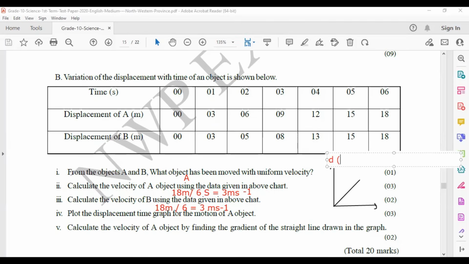This is the displacement axis and the unit should also be put, it is meters. This is the time axis and the unit is seconds. And you should mark the maximum value here. It is 18, and the time taken to reach that 18 is 6.